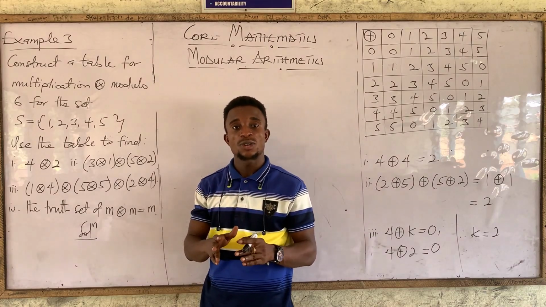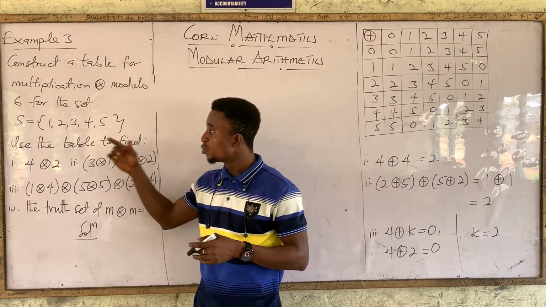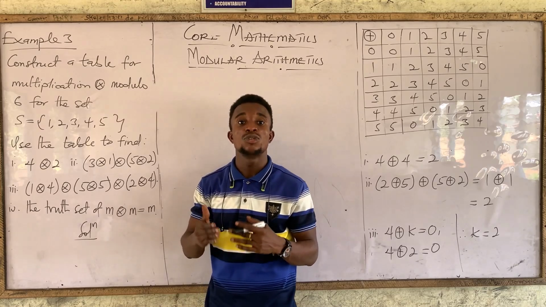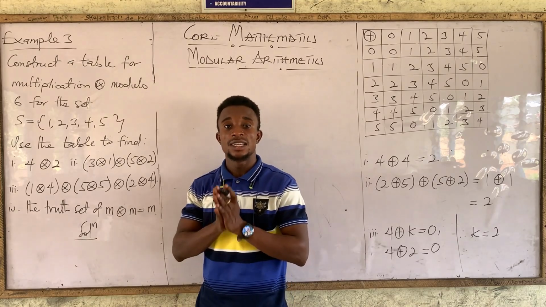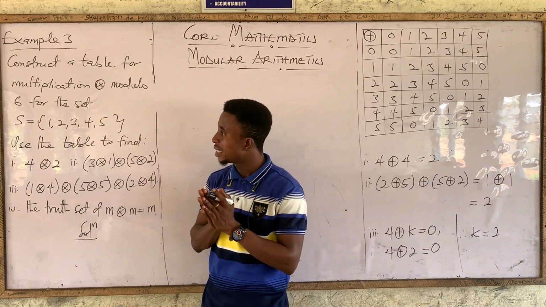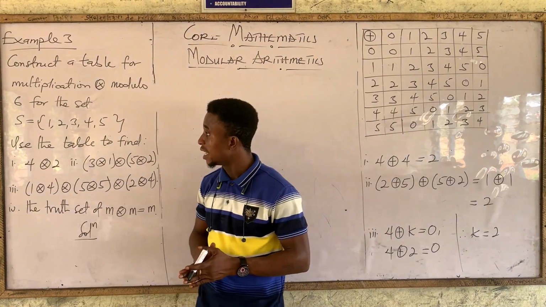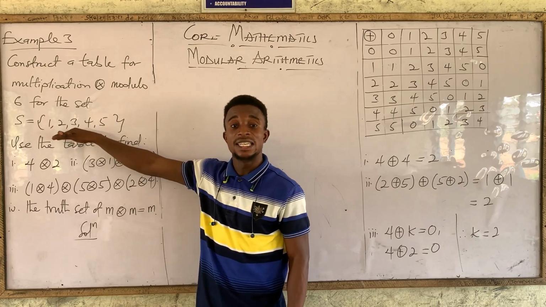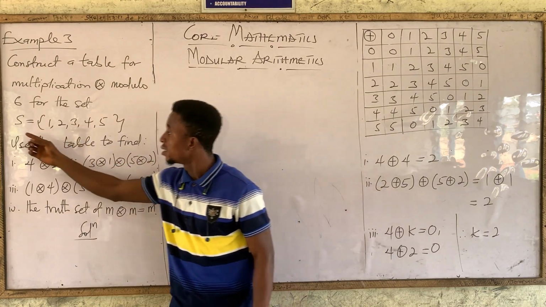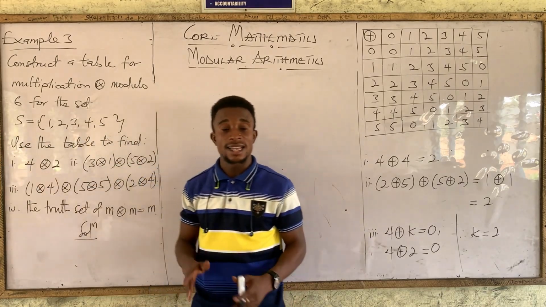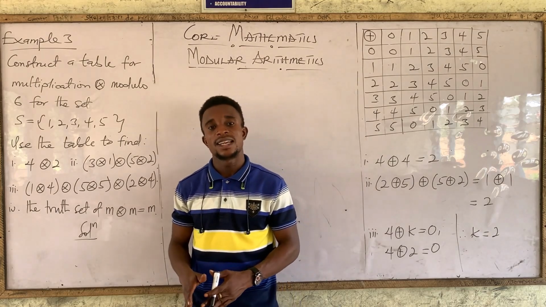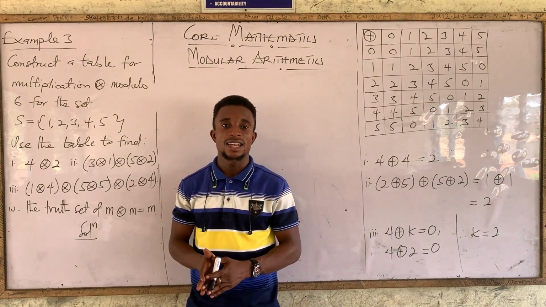So sometimes they will choose for you the remainders to use in construction of the table. Always, when the question is given, immediately you read and you get the modulo, please don't stop there. You have to proceed and check whether you are given a set inside, then you base on the set in constructing everything they are asking you to do.